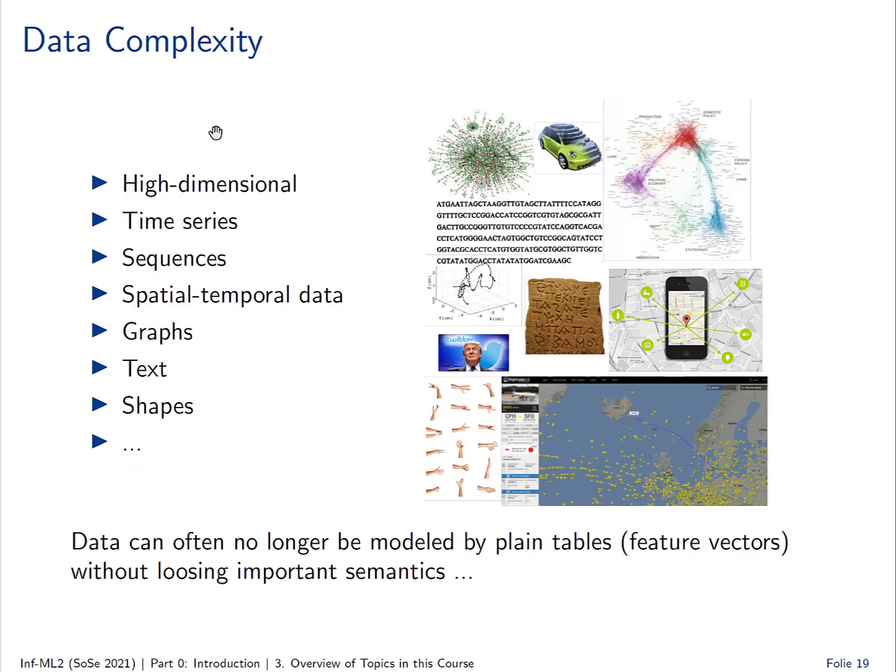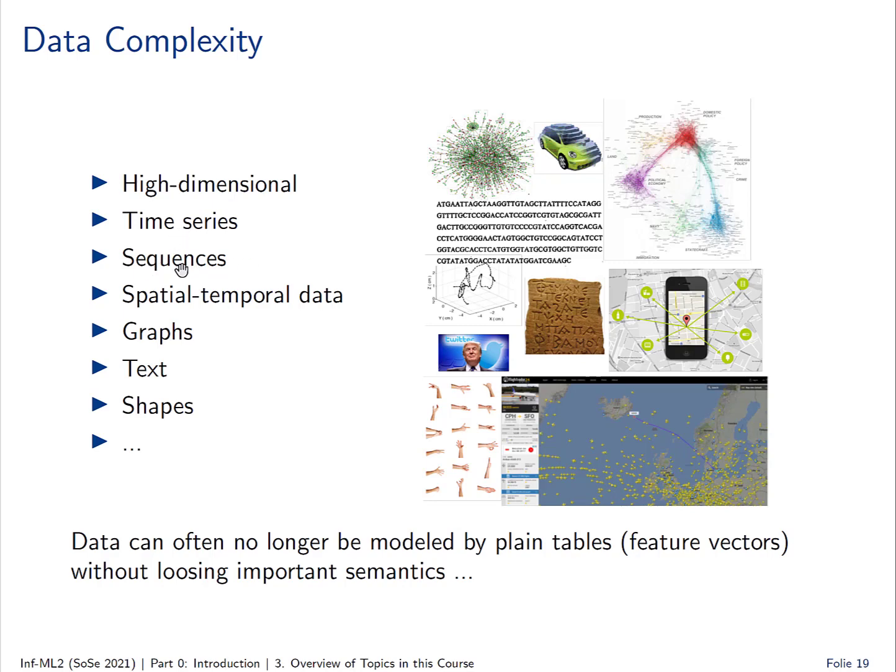So where does data complexity come from? Very shortly, we will talk about high-dimensional data. High-dimensional data is still feature vectors, tables, but they have their own problems. So we will talk a lot about high-dimensional feature spaces. It's still feature vectors, but we think it's complex because high-dimensional data has very specific problems. We'll talk about time series, but medium-sized time series.